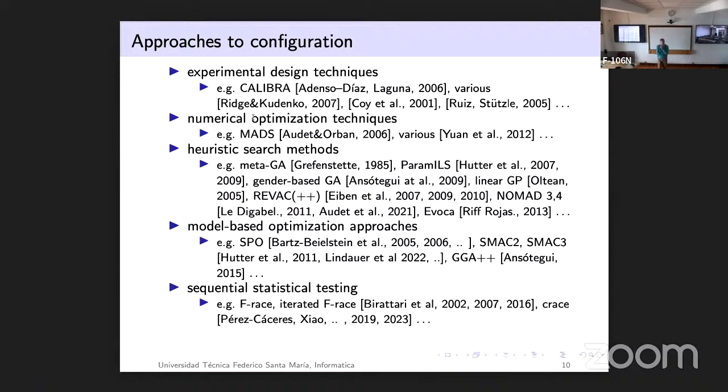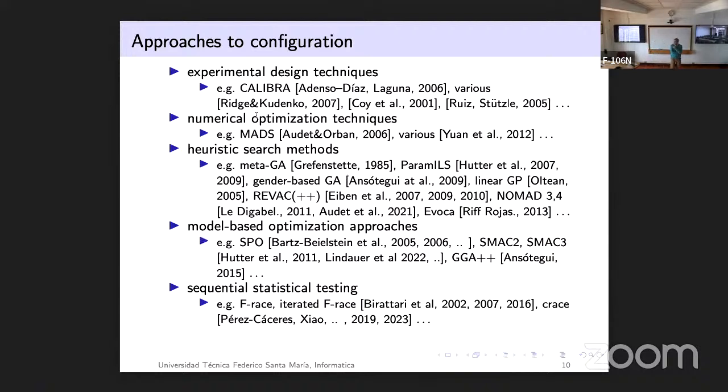And another thing is model-based optimization, where you have, for example, a random forest, which can give you a very nice result. And well, the first one is SPO, then SMAC. SMAC 2 is a Java version, SMAC 3 is a Python version, GGA, Rust, and so on.